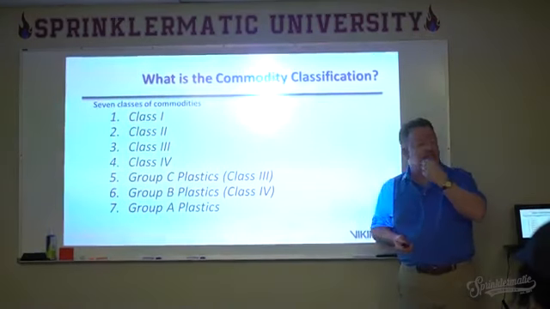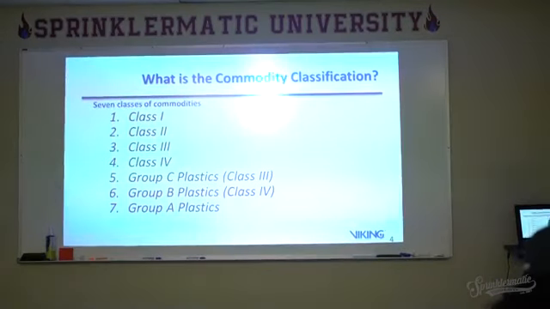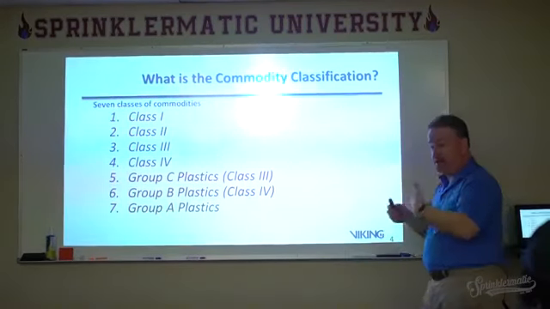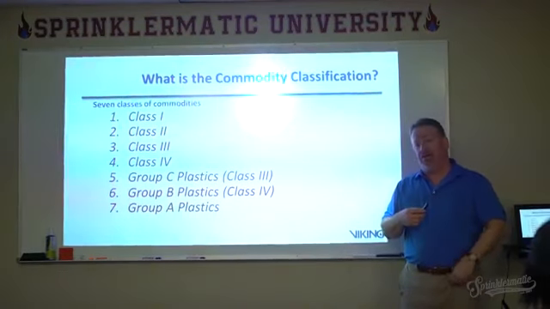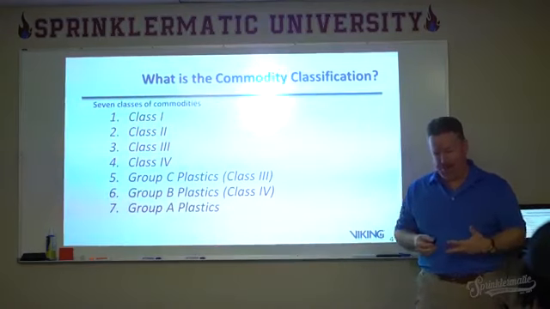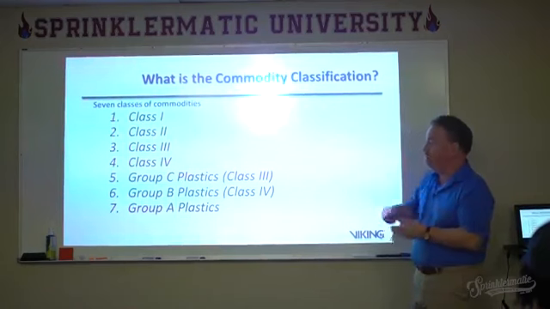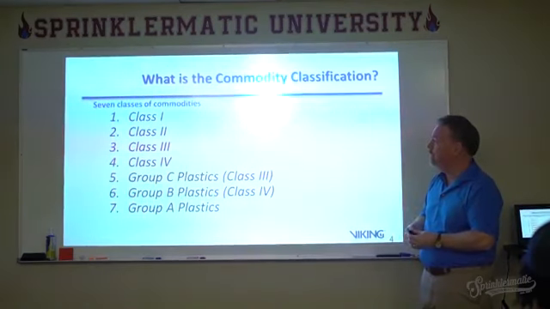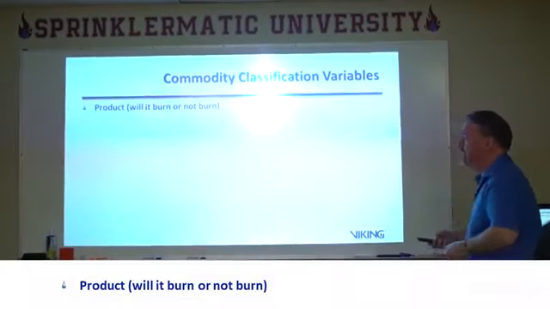So let's take a look at these commodities to start off with, because, remember, it's not only about the commodity, it's how the commodity is packaged. We're also going to find out that other things, like what kind of pallets the commodity might be stored on, have an impact on this classification. So to start with, let's look at some of these commodity variables.